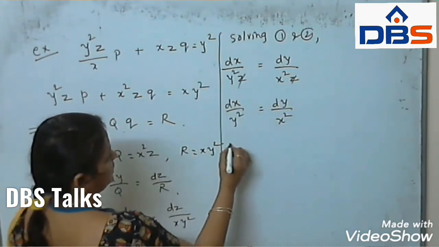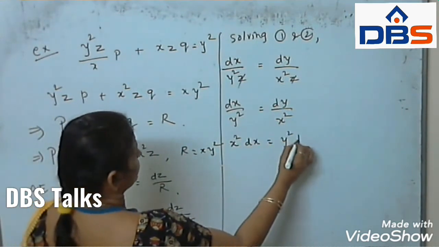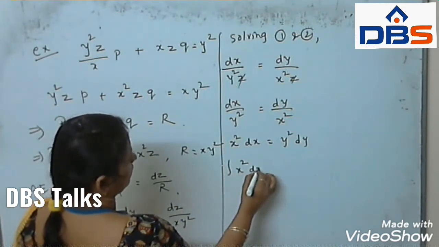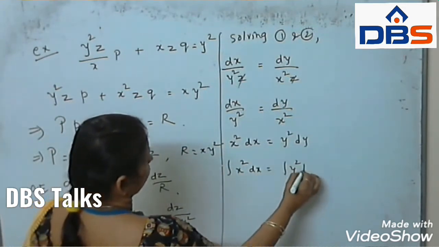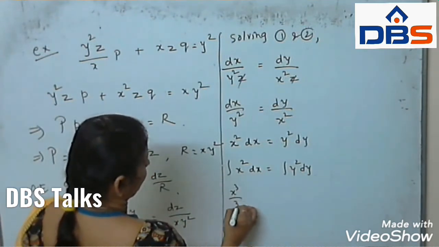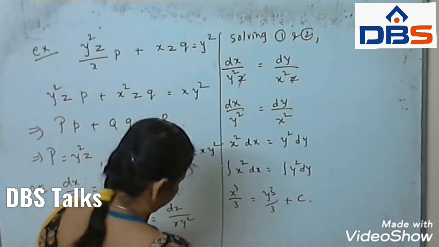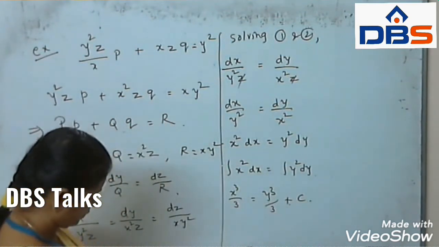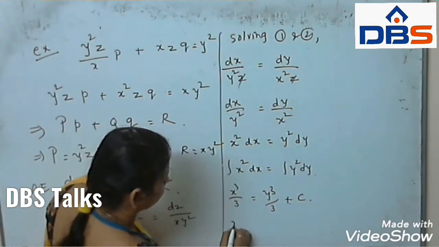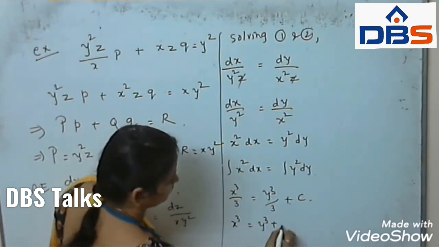By cross multiplication, x square dx equal to y square dy. By integrating, integral x square dx equal to integral y square dy. So x cube by 3 equal to y cube by 3 plus c. By taking the LCM, x cube equal to y cube plus 3c.